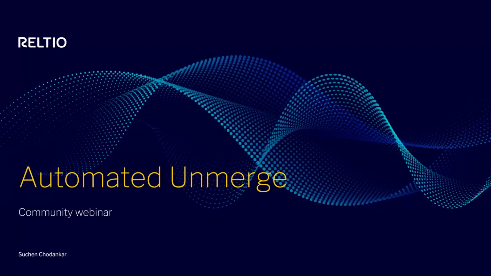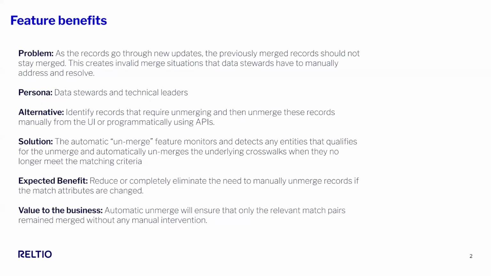Today, we're going to talk about automated unmerge. Before we get into demos and trying a few scenarios out, I just wanted to give a little background on why we started on this journey and what was the problem that we are trying to solve. As you know, a record goes through updates and changes, and new records come in.